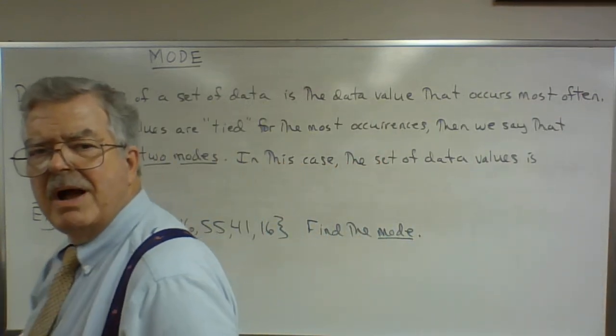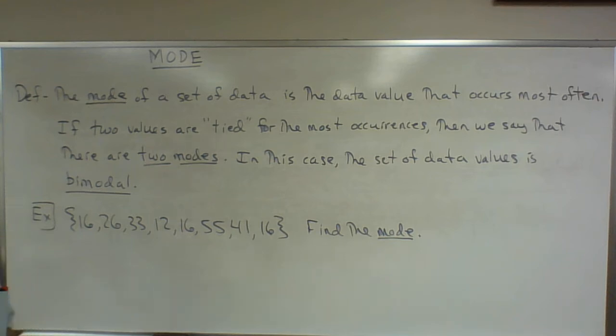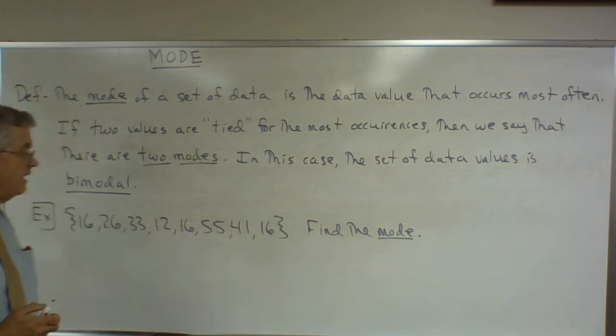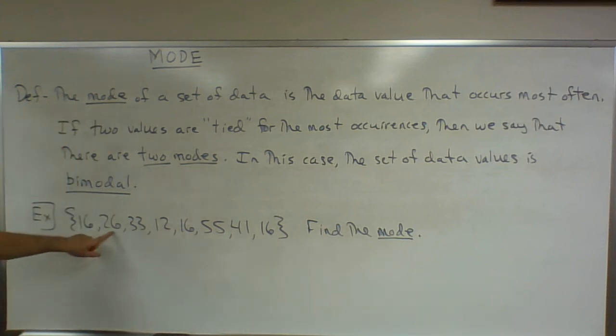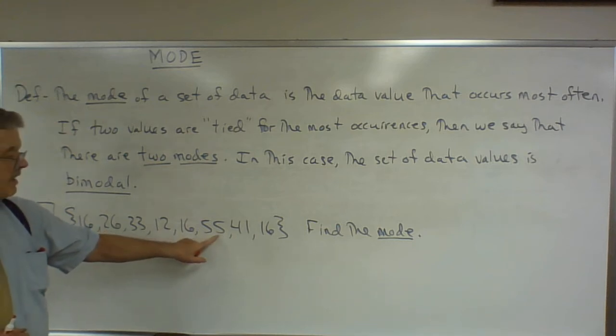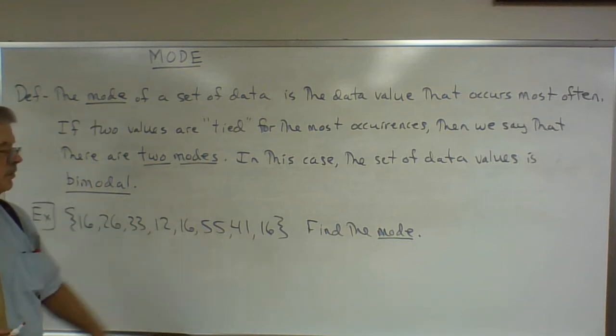One thing that probably jumps out at us is that we have a few 16s here. Does any other number occur more than once? We have, let's see, 1, 2, 3, 4, 5, 6, 7, 8 data values, and 3 of them are 16s. 26 occurs once. 33 occurs once. 12 occurs once. 55 occurs once. 41 occurs once.